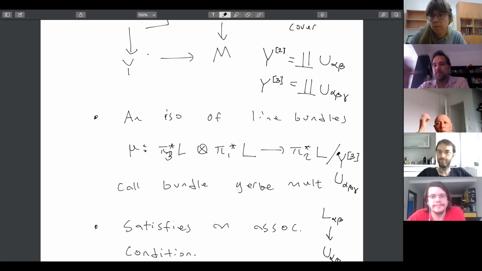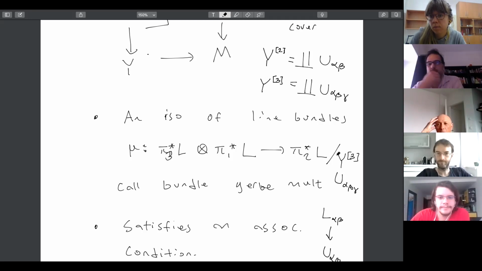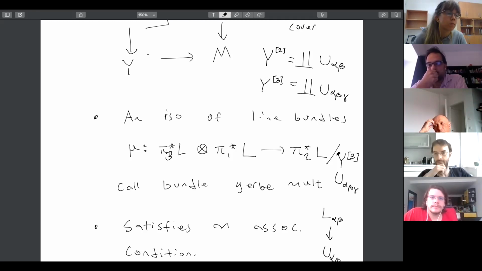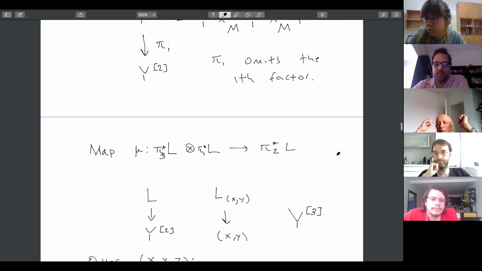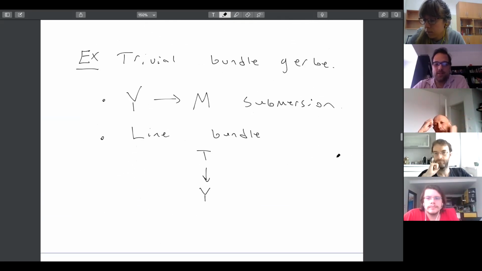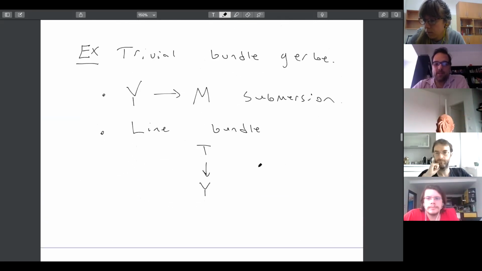So you have a notion of an equivalence, right? And then you show that if you choose a different Y, you get an equivalent one. Yes, it works like in the usual case. You pull back these two things to the product of Y's. That's right.